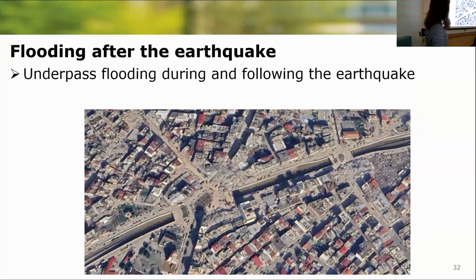And we think it's related to the bigger story of what happened in Iskenderun. But this underpass, which runs through the south part of Iskenderun, this is from Google Earth in the days following the earthquake. We did see flooding in this underpass. And so it looks like the soils in Iskenderun are just loose, subject to liquefaction and flooding in this case, relieving the pore water pressures into this underpass.